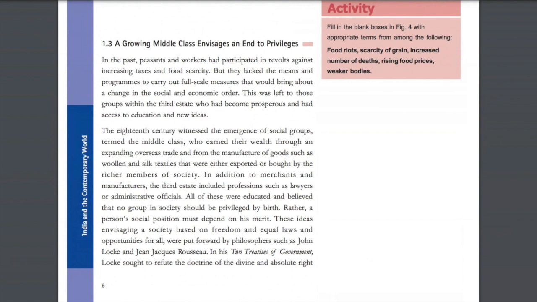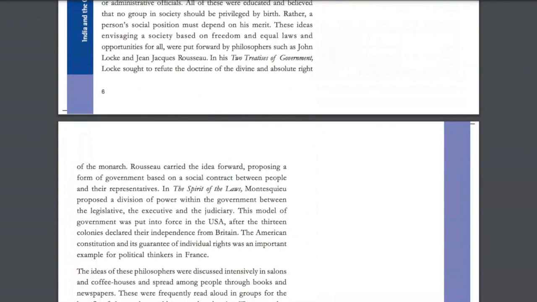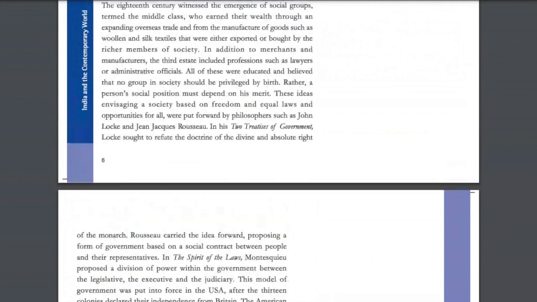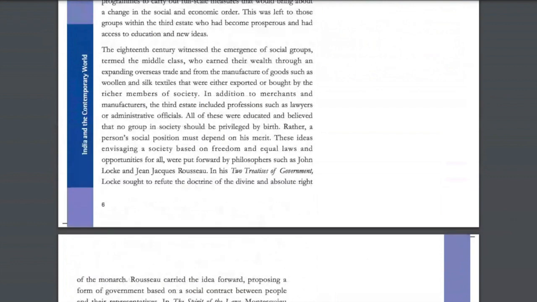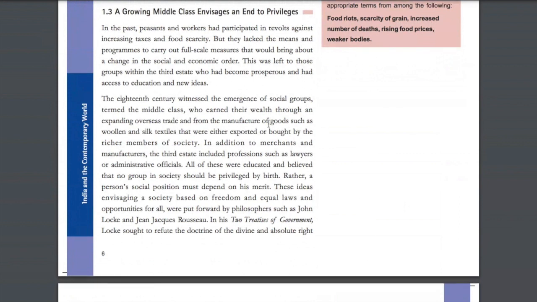Then the Social Contract by Rousseau, and Montesquieu wrote The Spirit of the Laws. All these were the result of the revolutionaries and the formation of groups before the French Revolution.